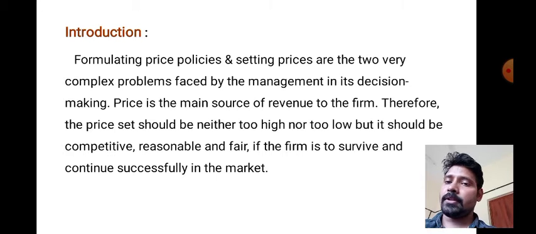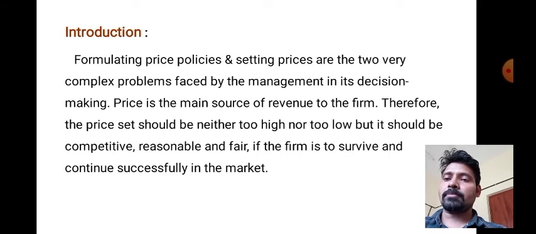Let's start with the introduction of the topic. Pricing policy is very important, especially in marketing and in deciding the actual price and right price to gain market share. Formulating price policies and setting prices are two very complex problems faced by management in its decision making. Price is the main source of revenue to the firm.